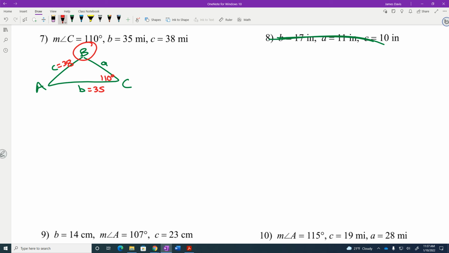But let's take our sine pair that we know. Sine of 110 over 38 equals sine of our big B over 35. Yes. Yeah. It doesn't say, but yeah, front and near length.